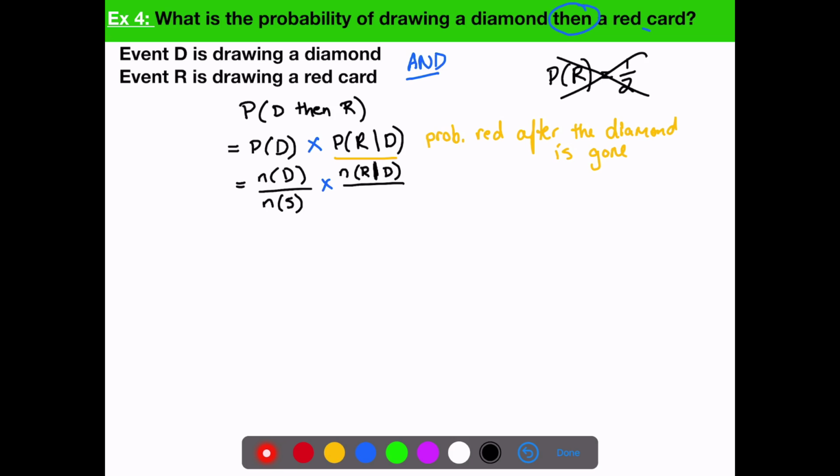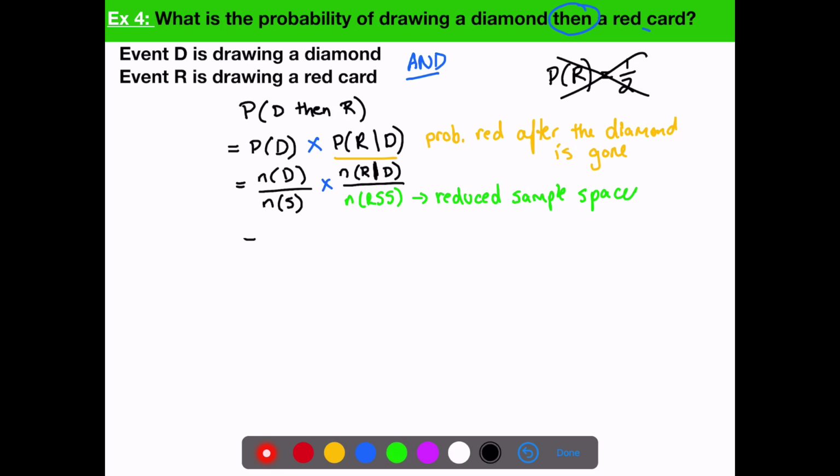So I'm going to call this reduced sample space, NRSS. Basically that just means what's left after you've done the first piece of the experiment, after you've drawn the first card. In this case, how many cards are left in the deck? 51 cards are left.